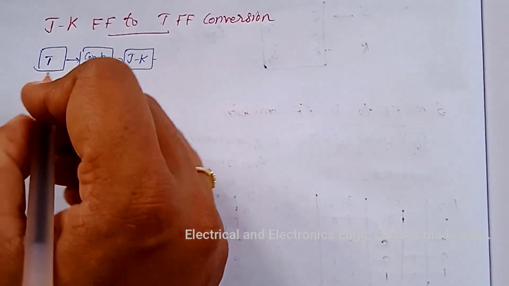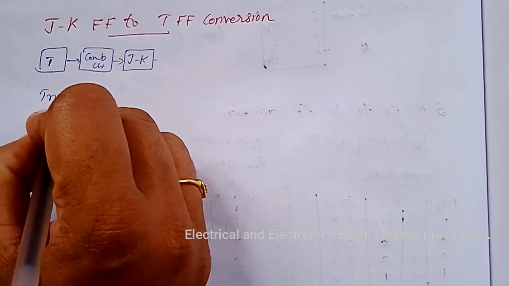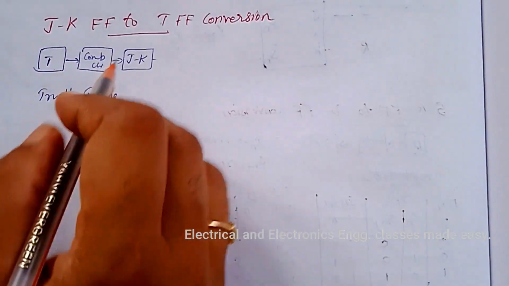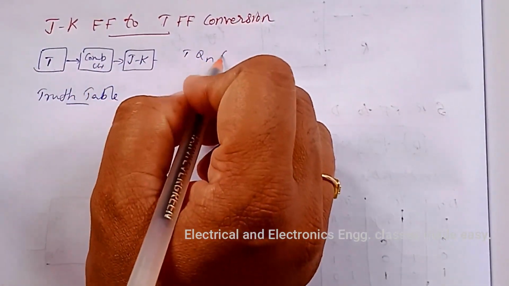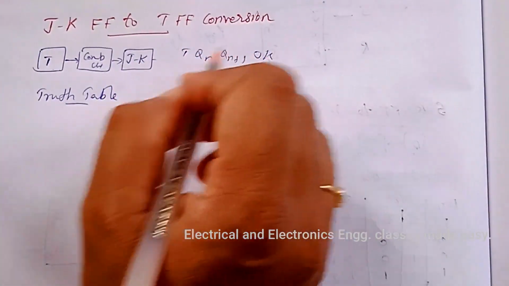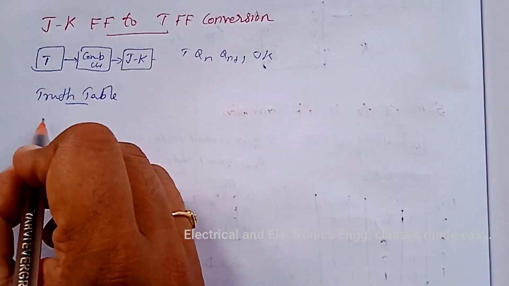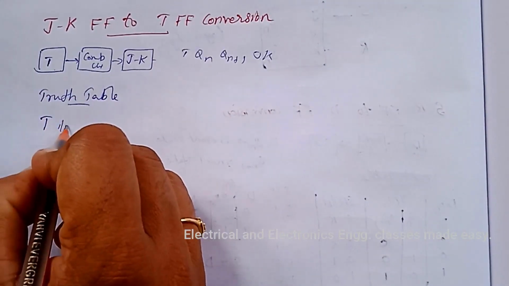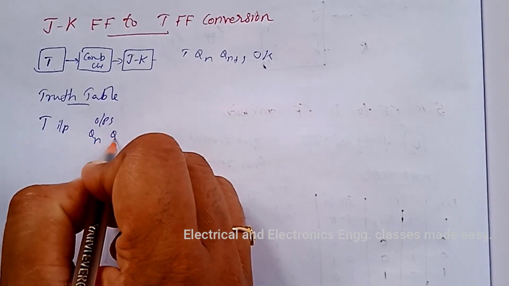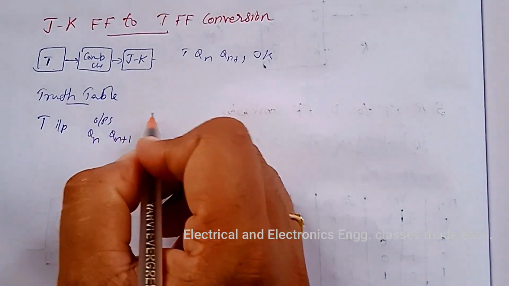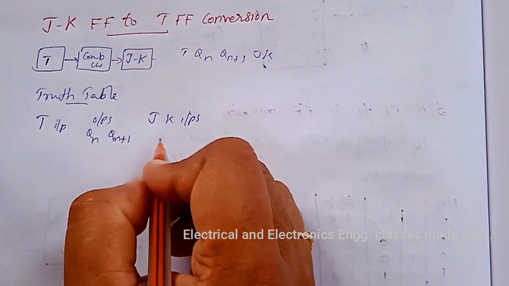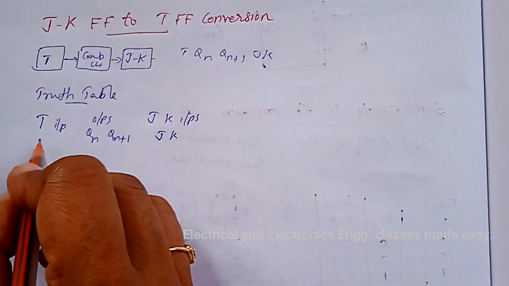So we have to write the truth table with T, Qn plus 1 and then JK. So T input, then outputs Qn and Qn plus 1, then JK inputs J and K.